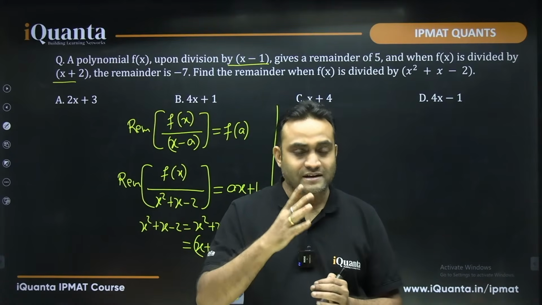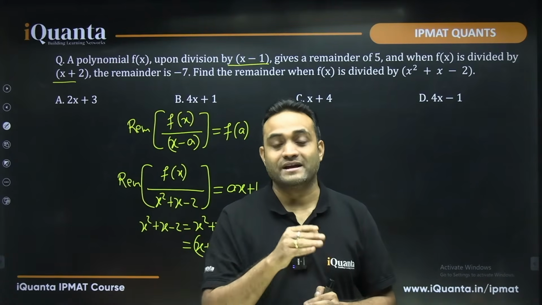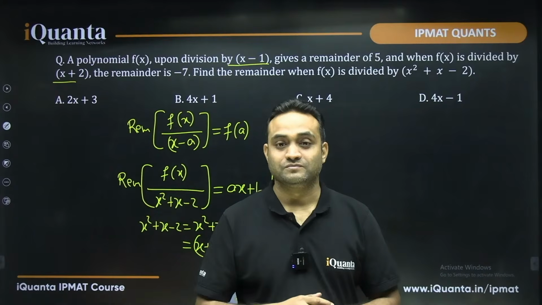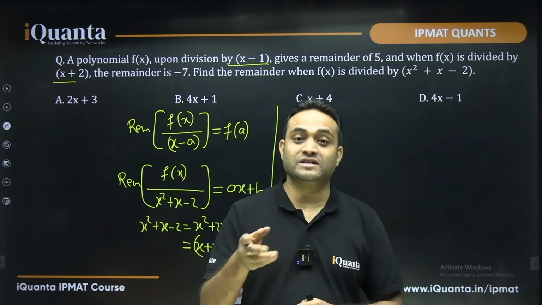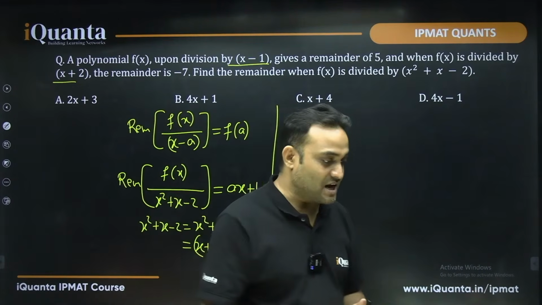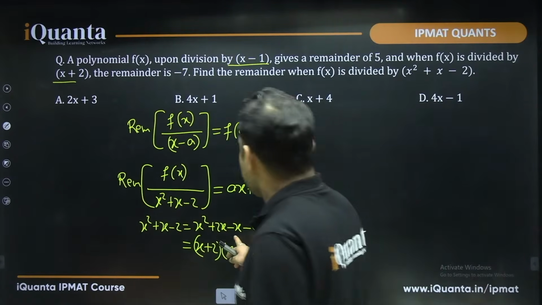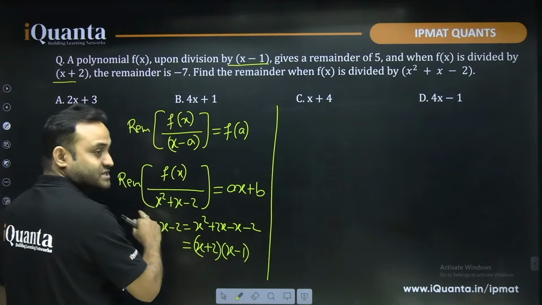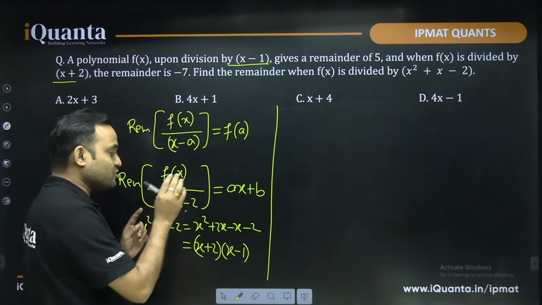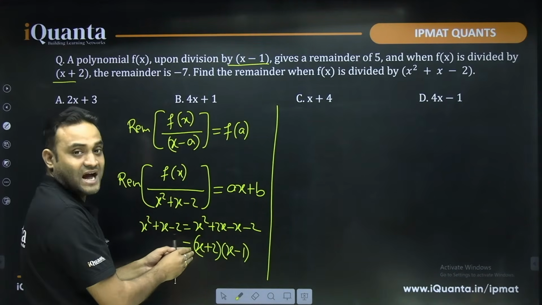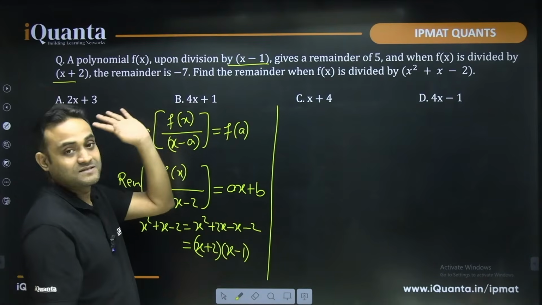If you divide 12 by 3, the remainder is 0, and if you divide 27 by 3, the remainder is 0. That means if there is a factor here and this is the remainder from this expression, then if I try to divide this by this, I will get the same remainder as when f(x) is.